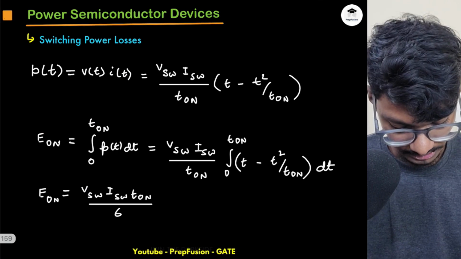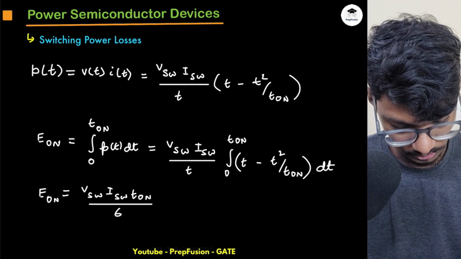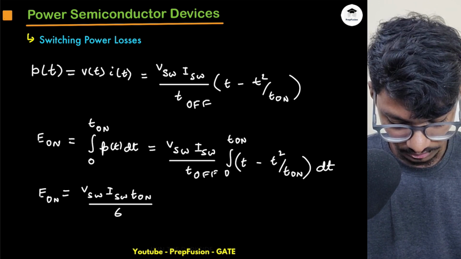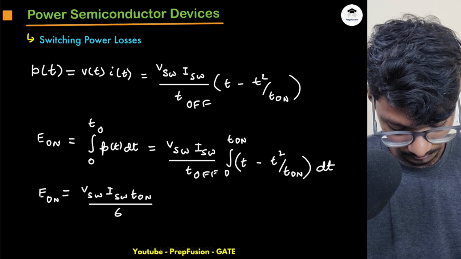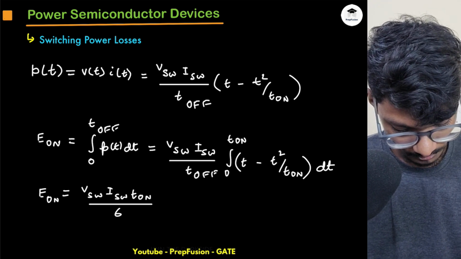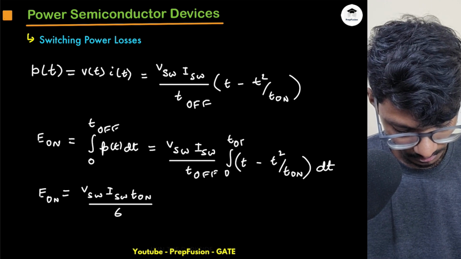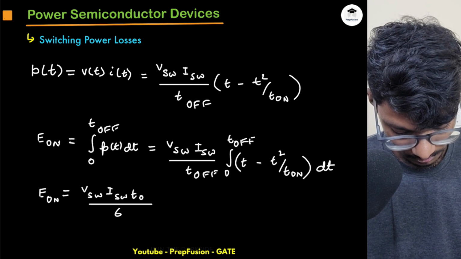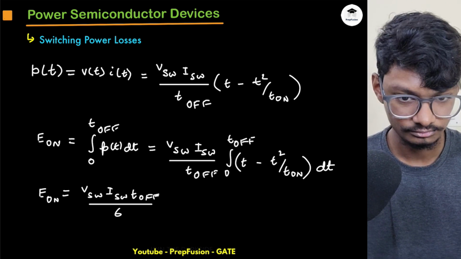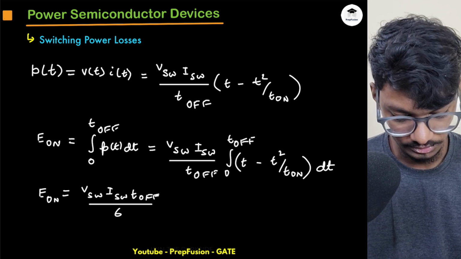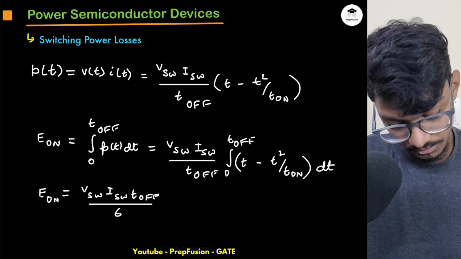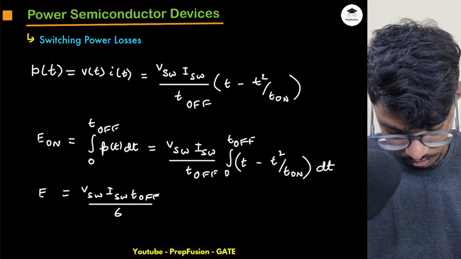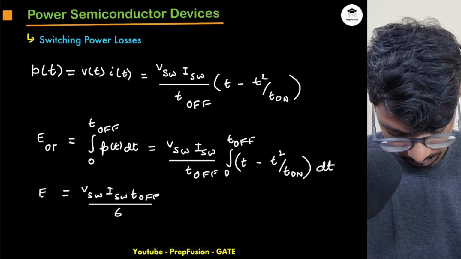Again t off, not t on, and we will integrate through t off. So this will be the value for E off, the energy lost for the switch to turn off.